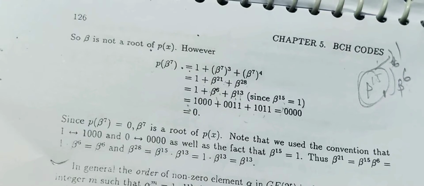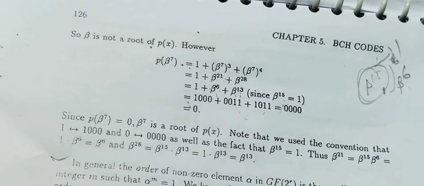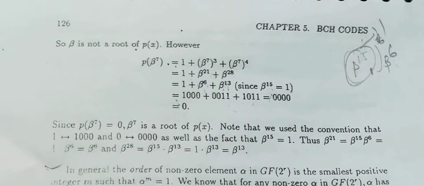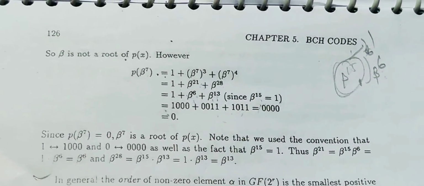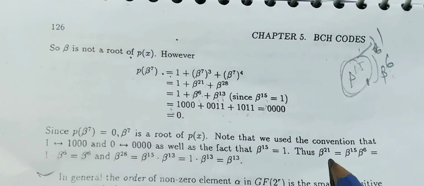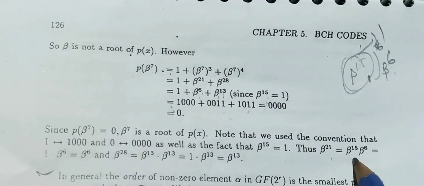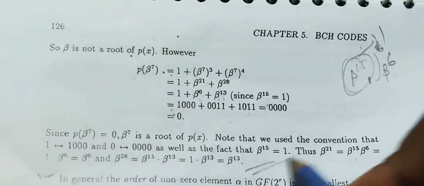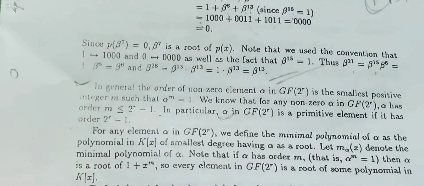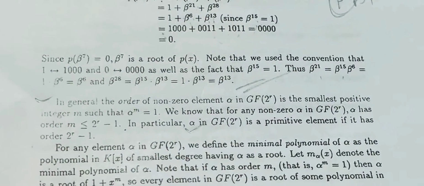So we can verify everything: beta raised to 15 is congruent to 1, and beta raised to 21 is beta raised to 6. Next we discuss the definition of order.